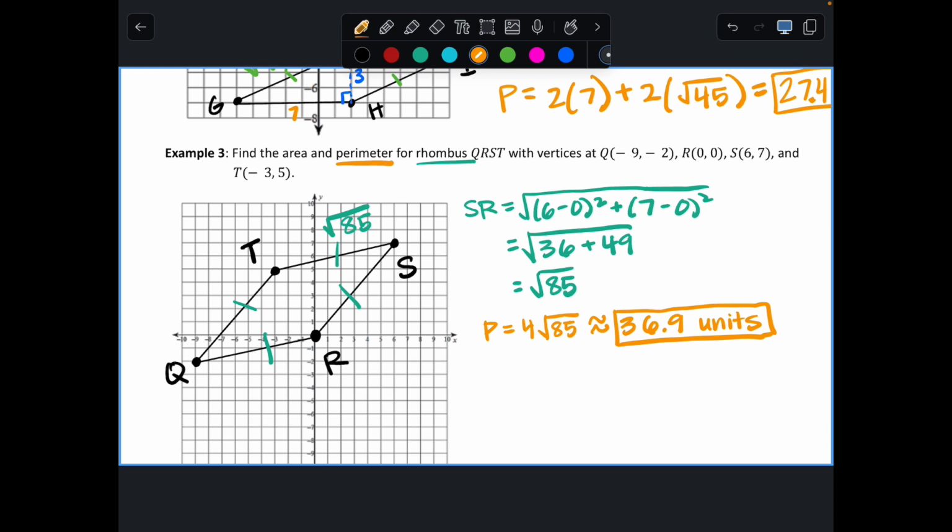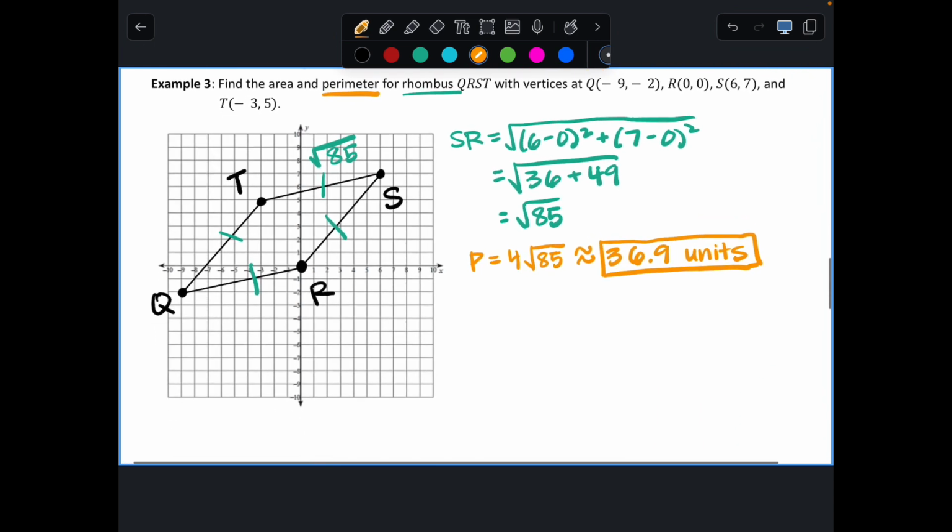Now, to get the area, I have to multiply the diagonals and multiply it by 1/2. So I have to find the distance between Q and S and the distance between T and R, using the distance formula.